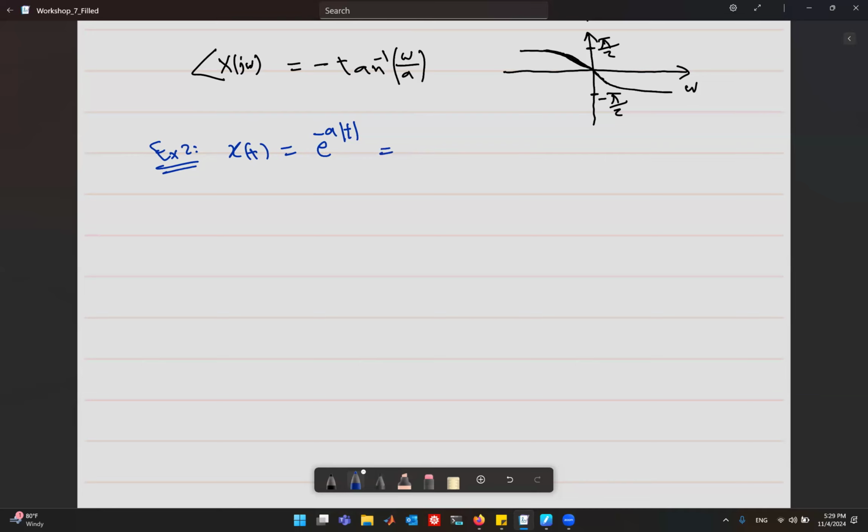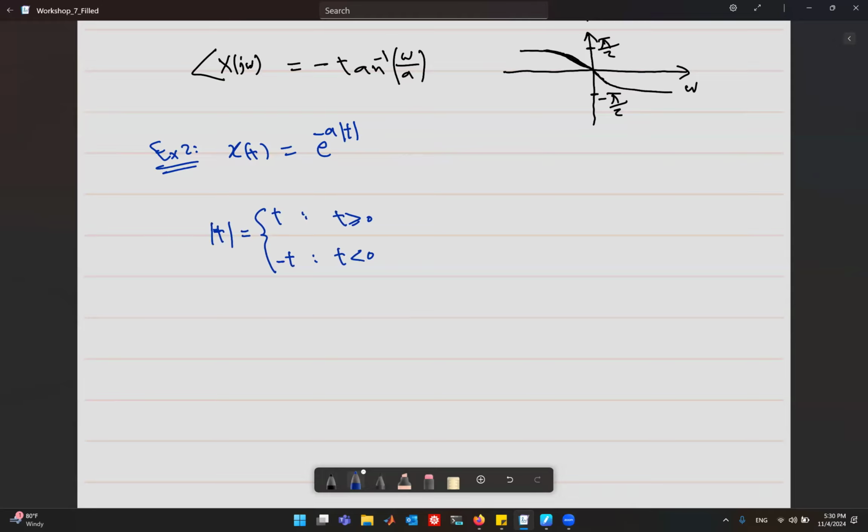written as this when t is positive. Let me write it separately here. The absolute value of t is, when t is positive, we get t. When t is negative, we get minus t. So this is when t is positive, and this is when t is less than 0.